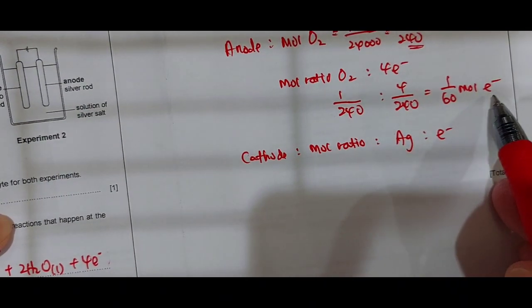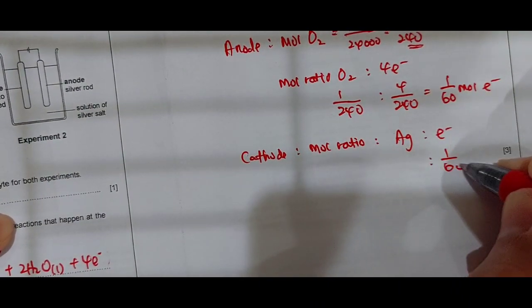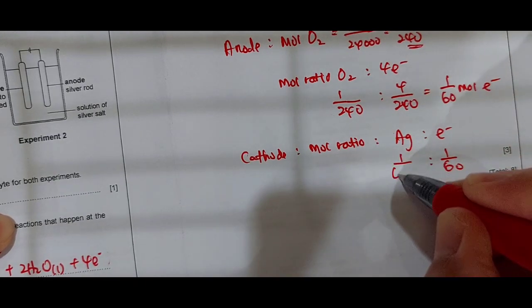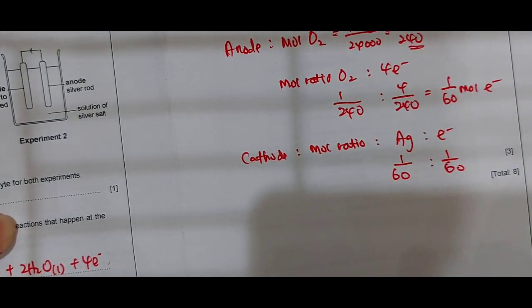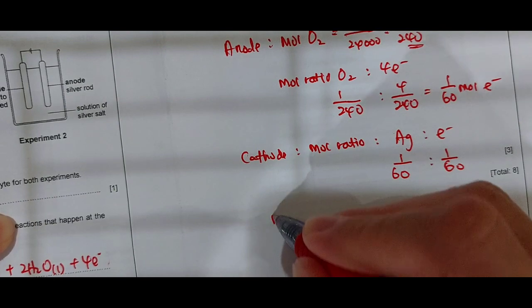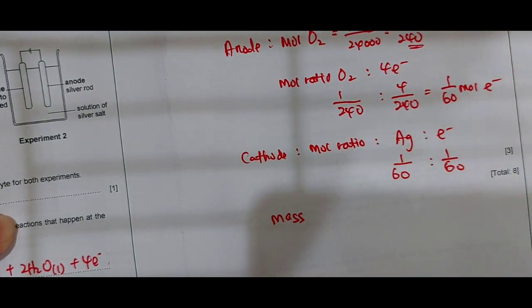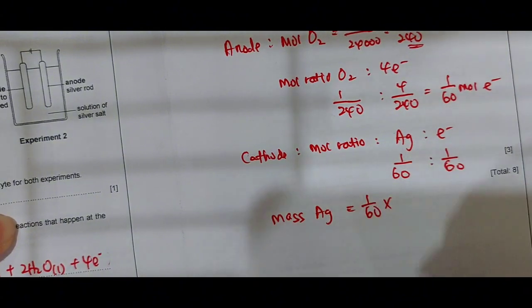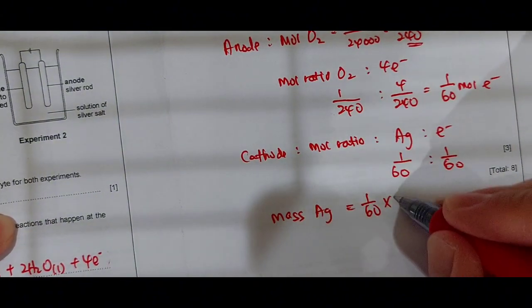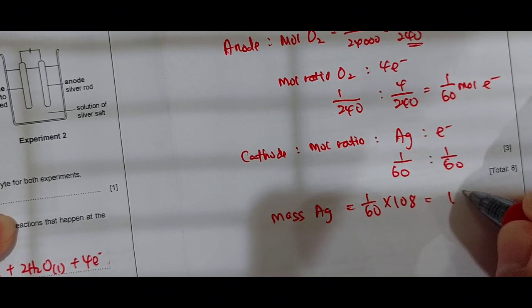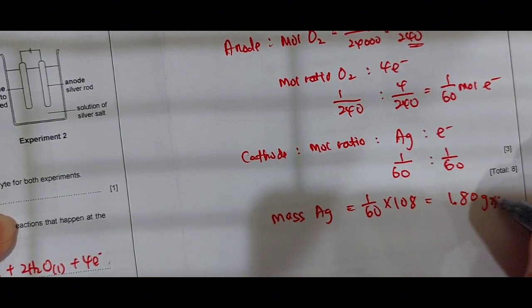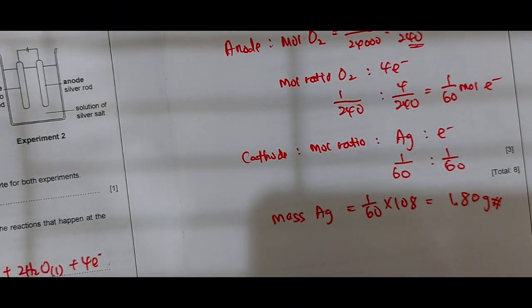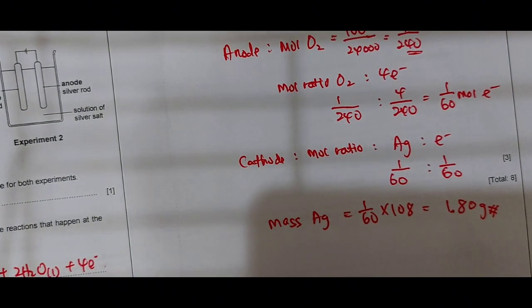Which means that if I have this much mole of electron, I would have this much mole of silver. With 1/60 mole of silver, I can find the mass, which is 1/60 times the Ar of silver, which is 108, and that gives me 1.80 gram of silver. That would be the gain in mass of the cathode.